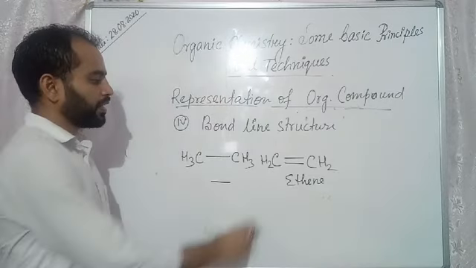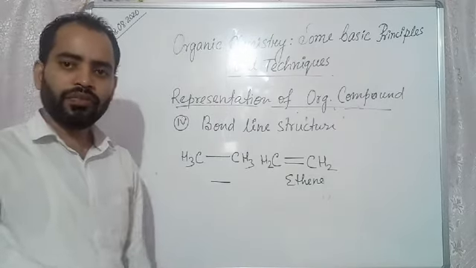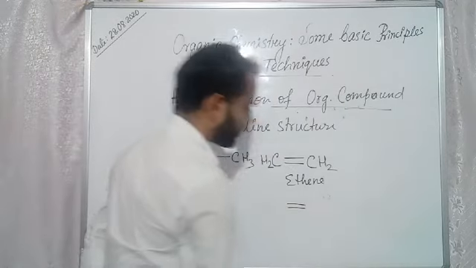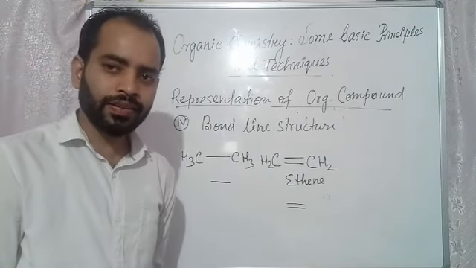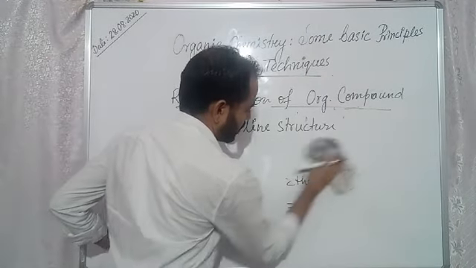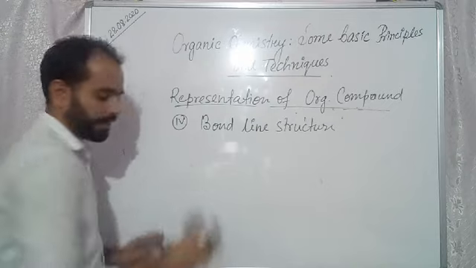That means ethene molecule can be represented by bond line like this. Is it clear? Now another thing is there.